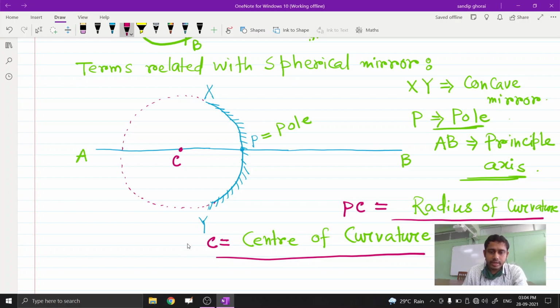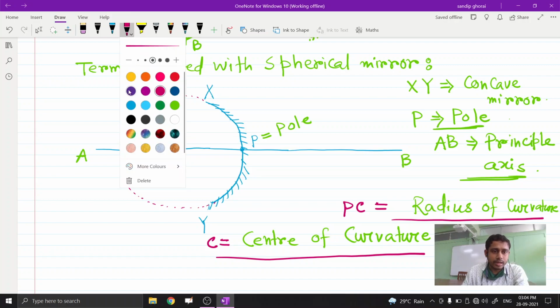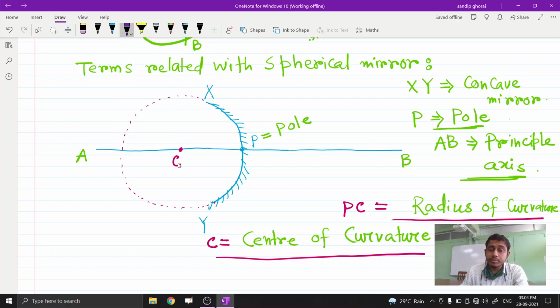Now, again we have to know what is focus and what is focal length. So what is focus? If some rays parallel to the principal axis are incident on this mirror, then they meet at a point on the principal axis.